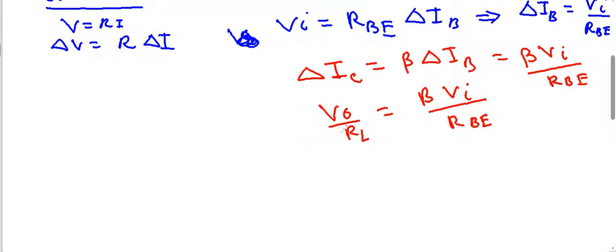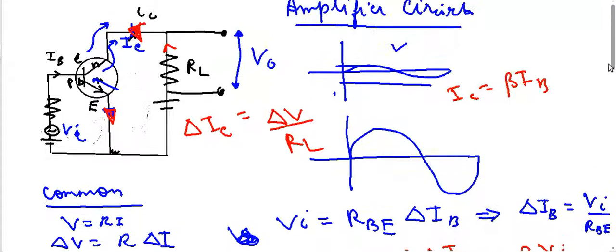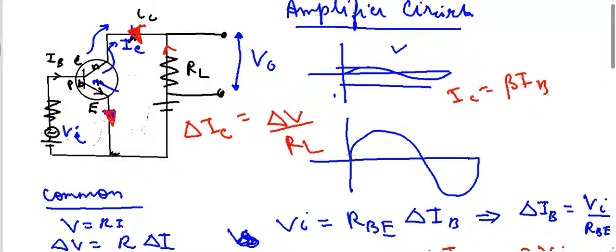Okay, now rearranging this term, we have got the actual meat. All those previous confusions were there, but now we have got to the essence, which is the ratio of V naught by Vi. We will come to know whether it is more, less or equal.